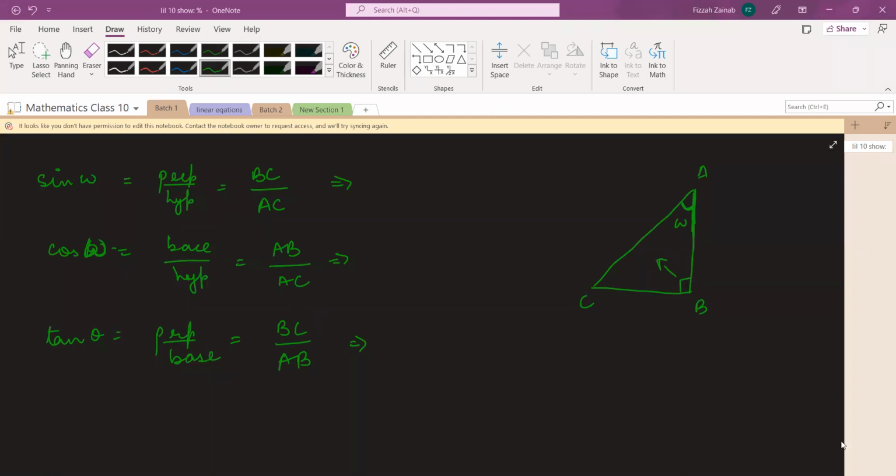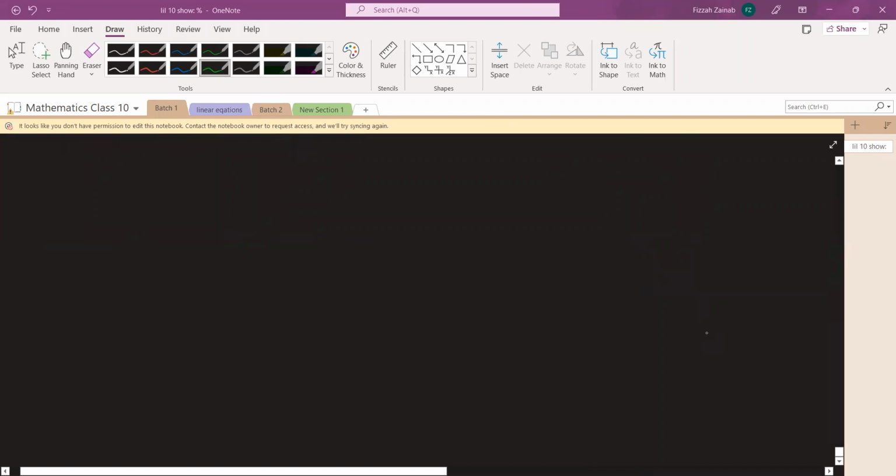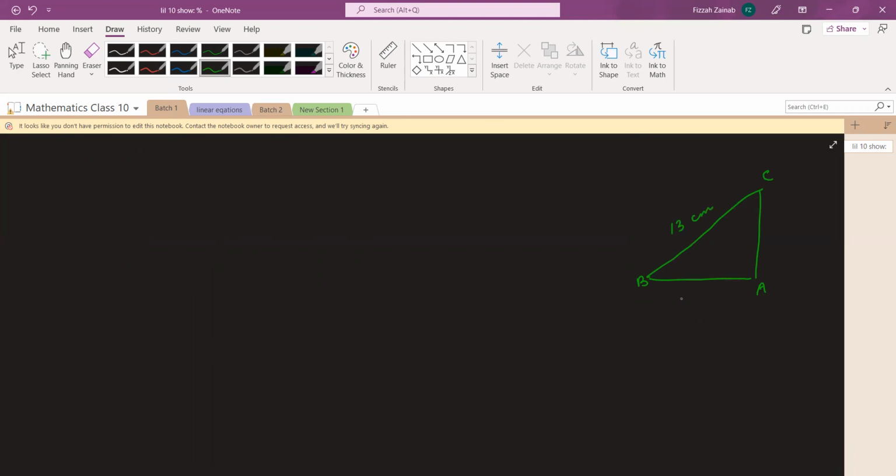Okay, so now let us do some simple questions based upon this. So I give you one triangle. Now all of you will solve it. This is A, B, and C. So there are sides. This side is 13 centimeter. This side is 12 centimeter.